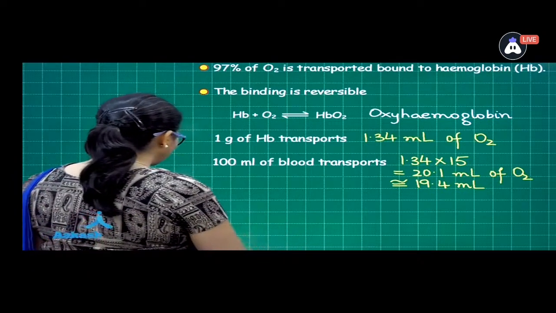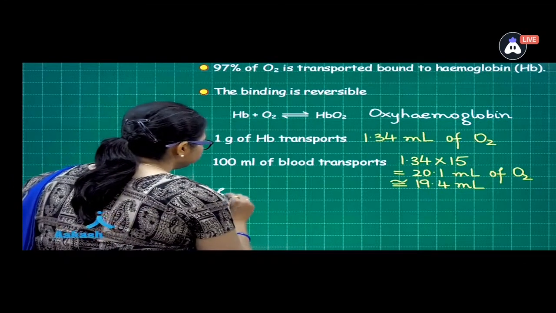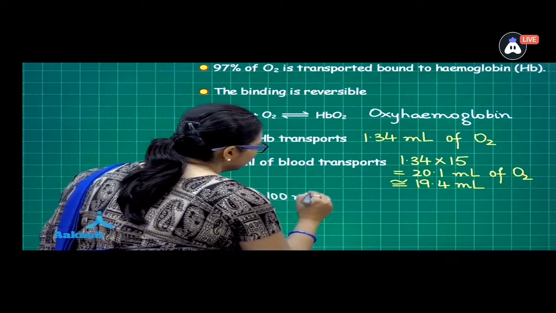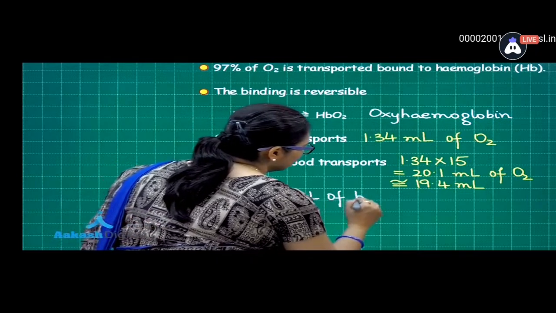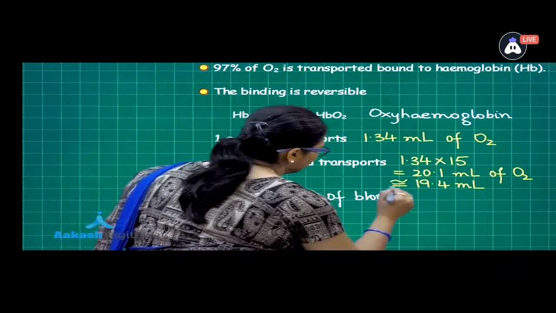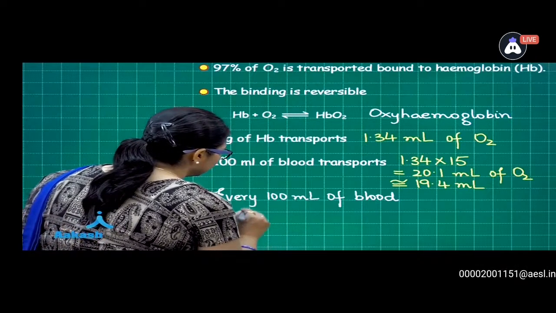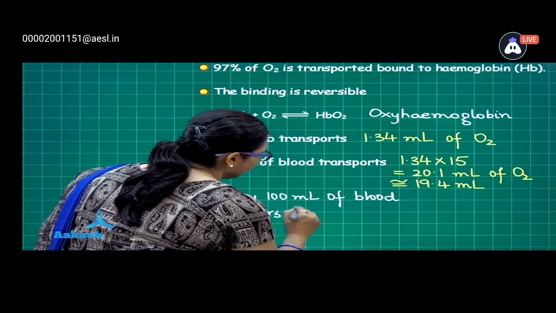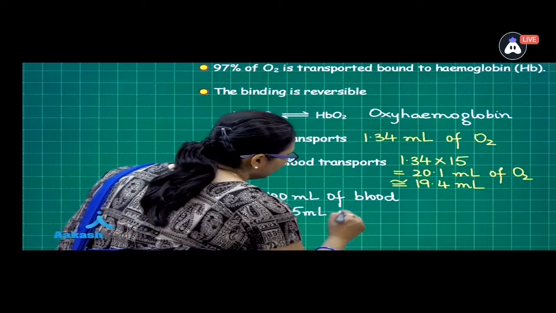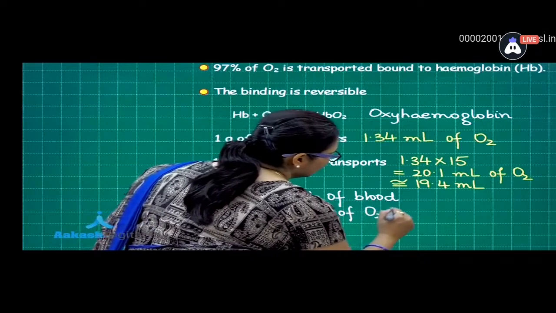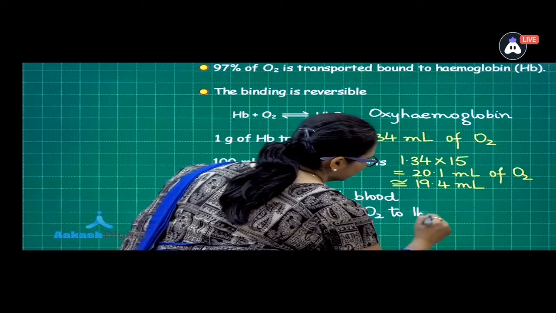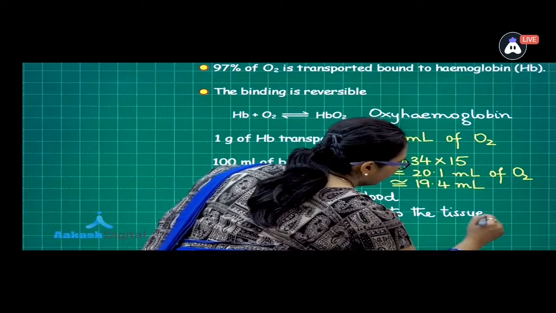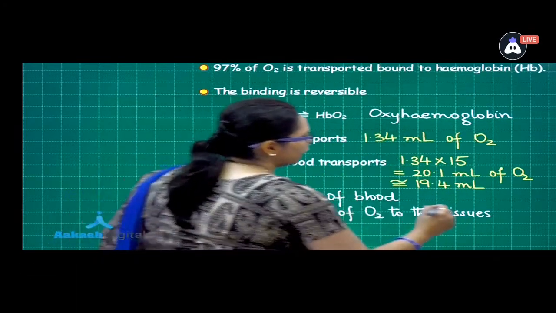So this again we can mention over here, that is every 100 ml of blood delivers 5 ml of O2 to the tissues. And with this we can add the tissue which is at rest.